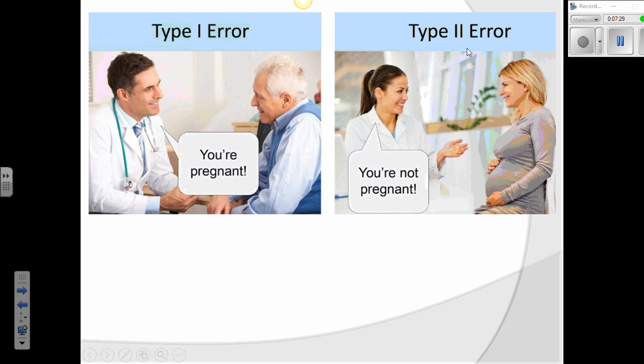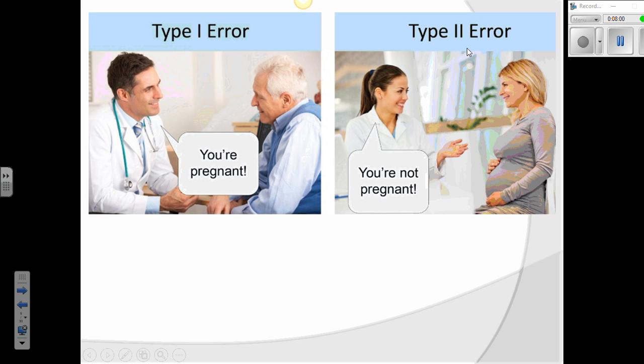So type 1 is when you reject H0, but H0 is true, right? So let's say H0 is you're not pregnant, right? But you reject it, saying you are pregnant, but you're really not. So you reject H0 when H0 is true, correct? So this one is you reject the fact that you're not pregnant in favor of that you are pregnant. So this guy is like, oh gosh, I'm pregnant.